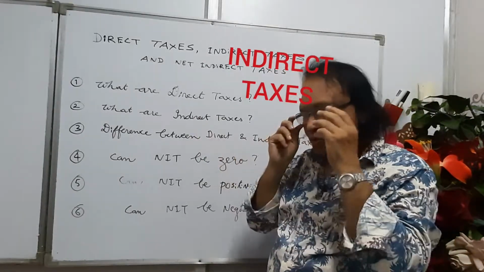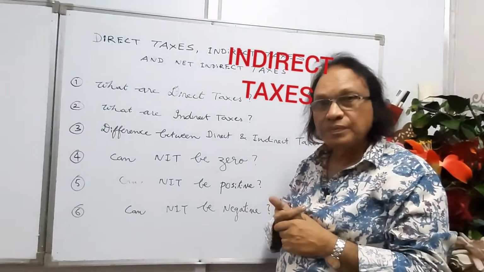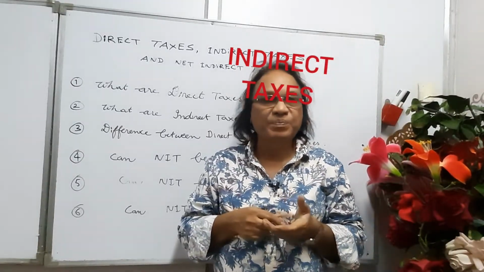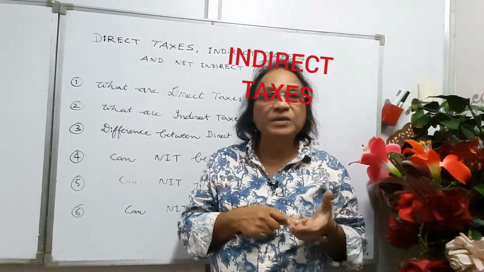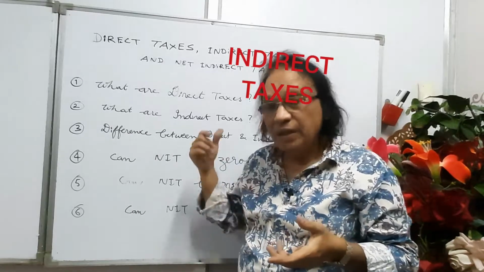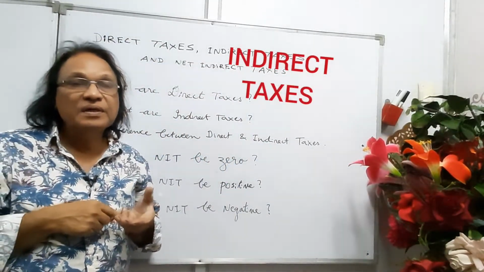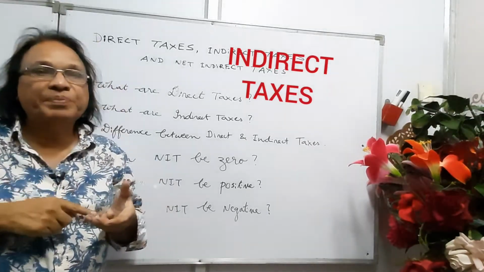Now, to understand this, we'll see the difference between direct and indirect taxes. When they ask you for the difference, please put the points in tabular form. The first point, which I just told you, is that in case of direct taxes, the tax liability and the burden is on the same person.